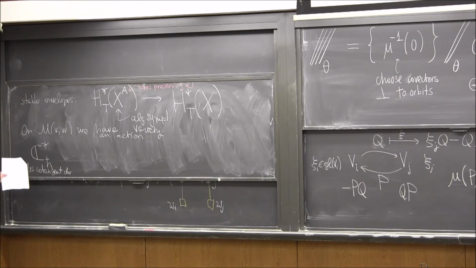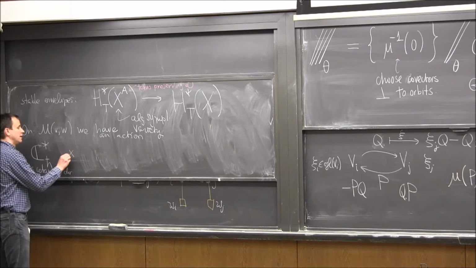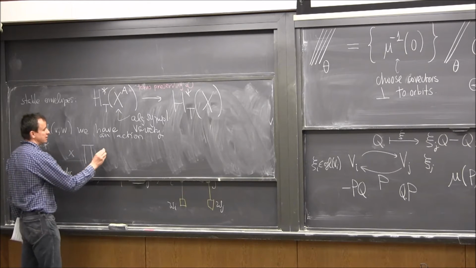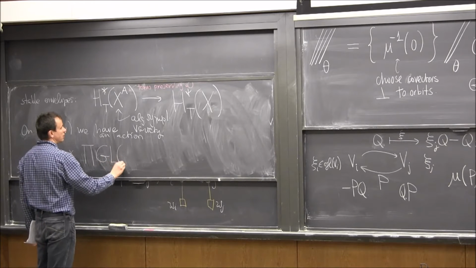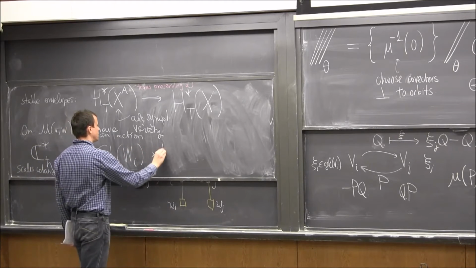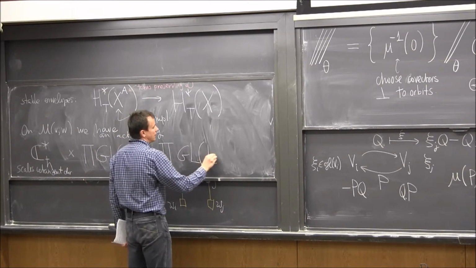This is important, but it's not the one we are going to use here. So then of course you can act on all these multiplicity spaces. You get the product of GL(W_i), and you get the product of GL(E_ij).